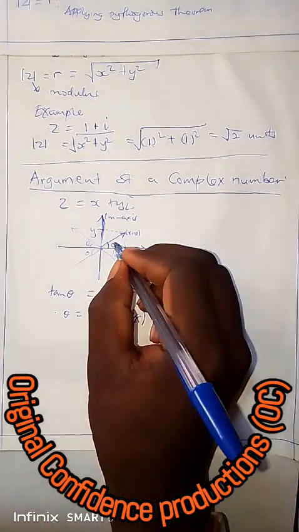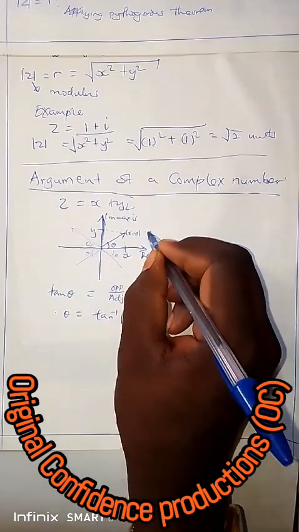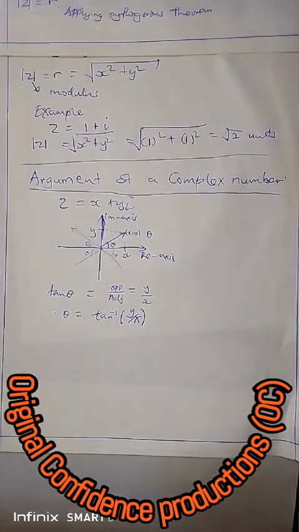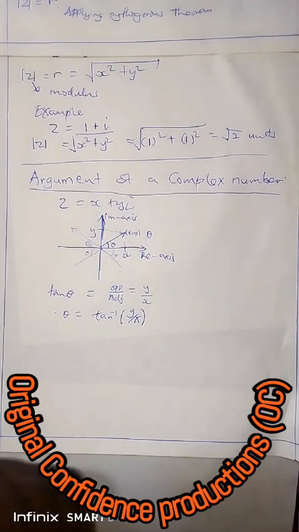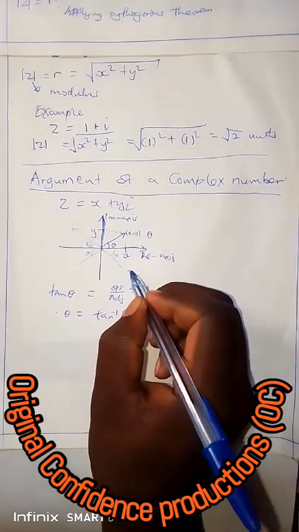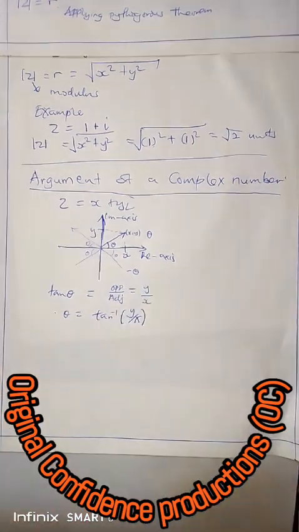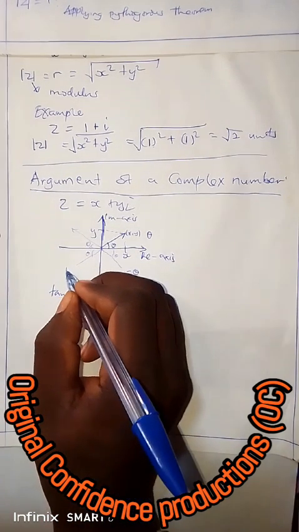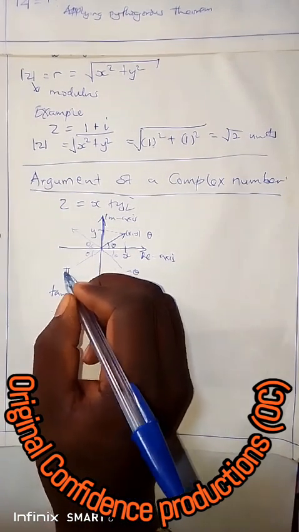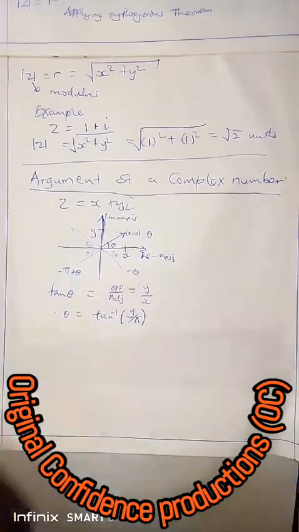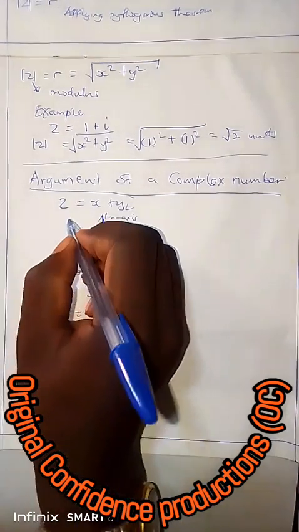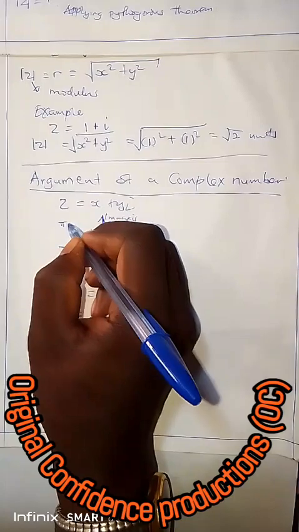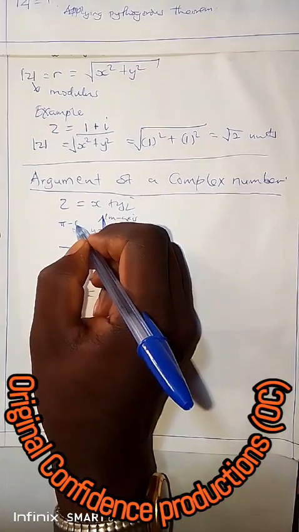When you are in this quadrant here, take the angle you get as the argument. When you are in this quadrant here, you call it a negative angle. Now, when you are here, we call it negative 180 degrees plus the angle. But when you are here, you get pi minus the angle. Why?